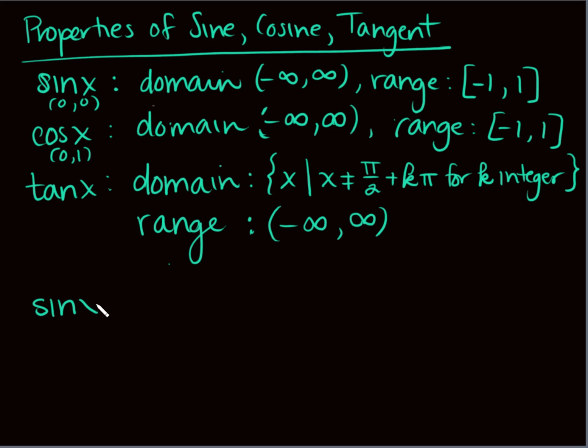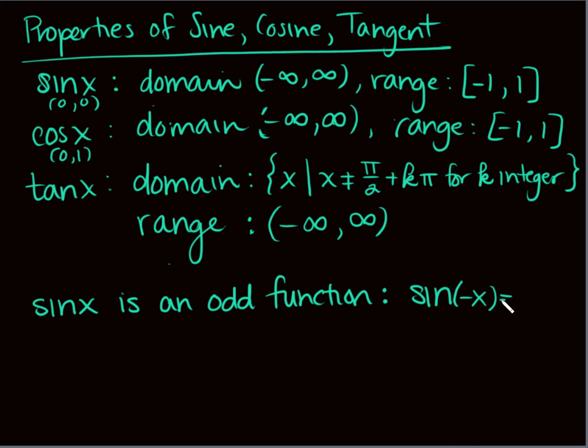Sine of x is what we say is an odd function. And here's what we know about an odd function. In the case of sine, when I take the sine of negative x, that is the same thing as making my y values negative.